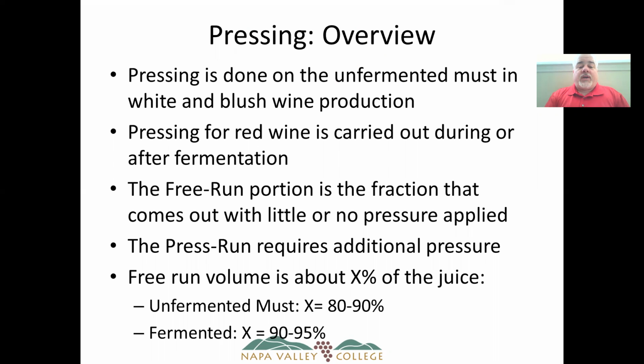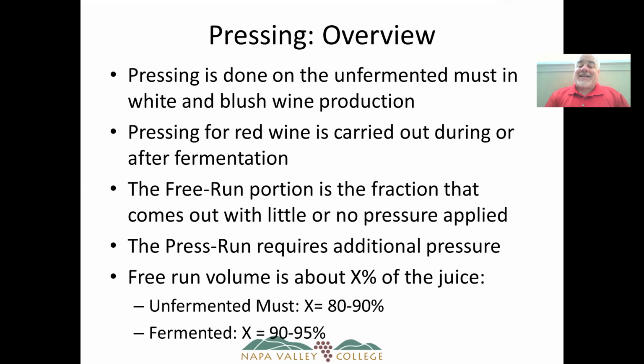So the free run volume is a percent of the total juice that you get. In an unfermented must, so when you're pressing the unfermented grape juice with skins and seeds, you'll get about 80 to 90%. In fermented, it's 90 to 95% of the juice that comes out.